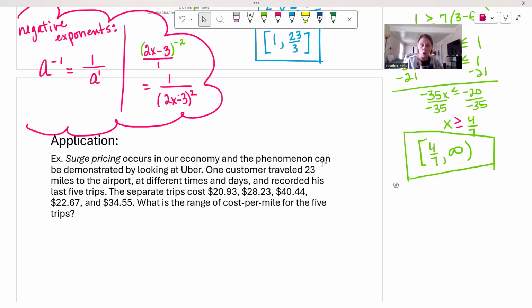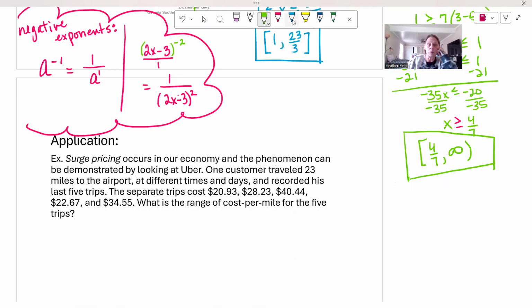The separate trips cost $20.93, $28.23, $40.44, $22.67, and $34.55. What is the range of cost per mile for the 5 trips? So basically, they wanted us to give them an interval of the lowest cost per mile to the highest cost per mile.